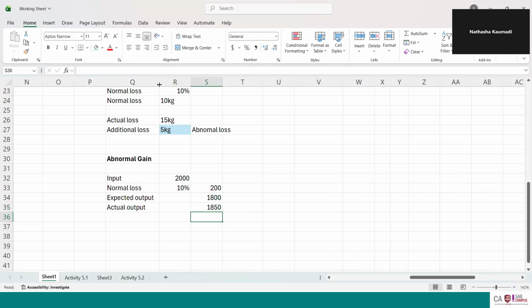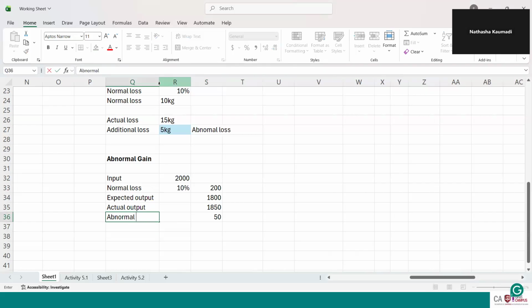So unexpectedly, your actual output is higher than your expectation. What has happened? This is a saving. So this saving is 50 units, isn't it? The difference between 1850 and 1800. This is abnormal, obviously.